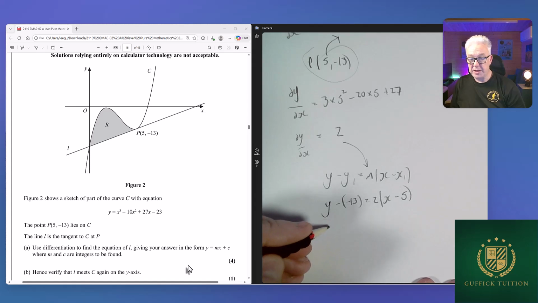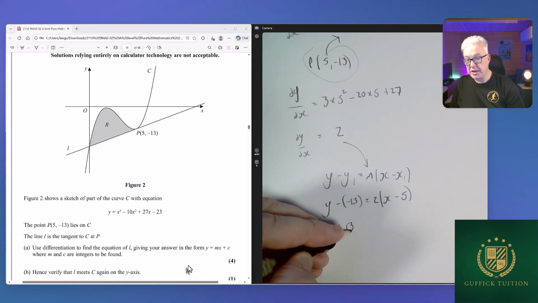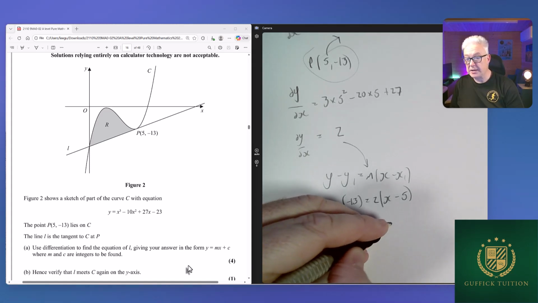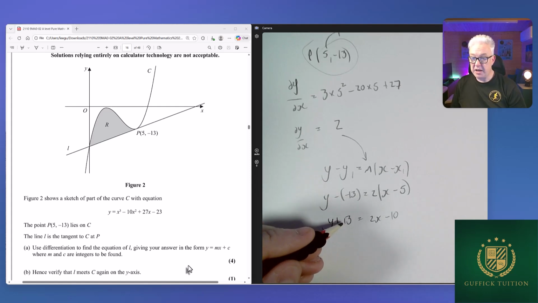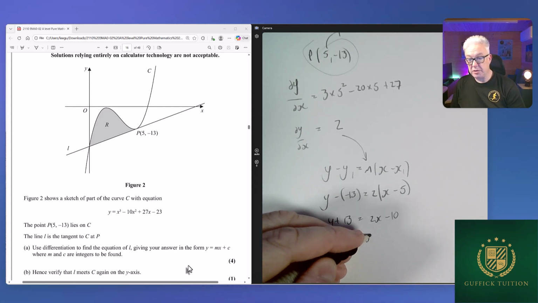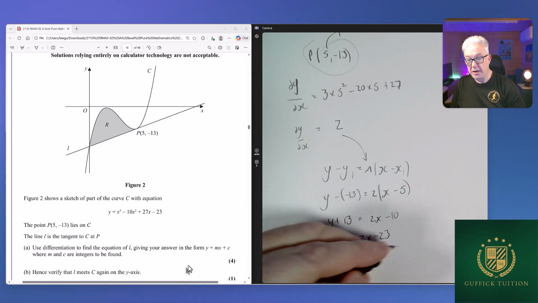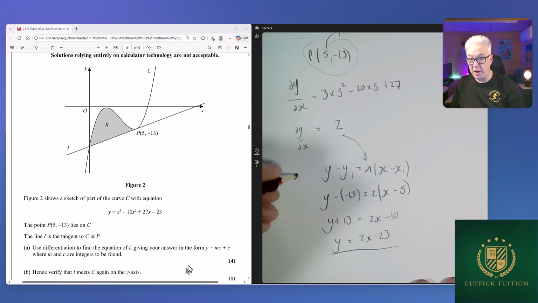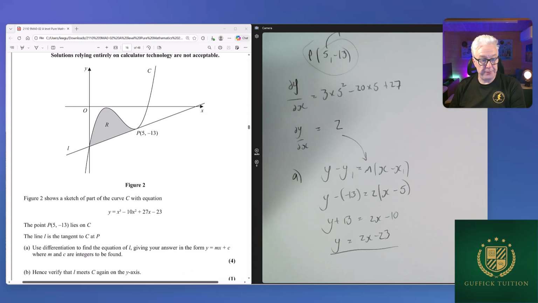So when we rearrange that, we're going to get y plus 23 equals 2x minus 10. We're going to take 23 off both sides. So we're going to get that y is equal to 2x minus 33. And that's our equation for part A. And that's a really nice 4 marks there.